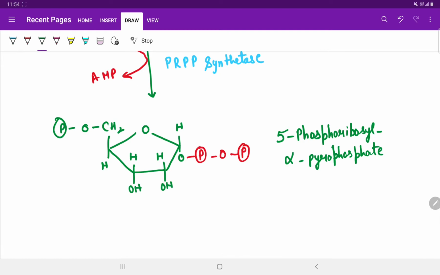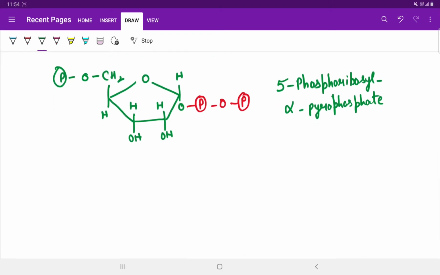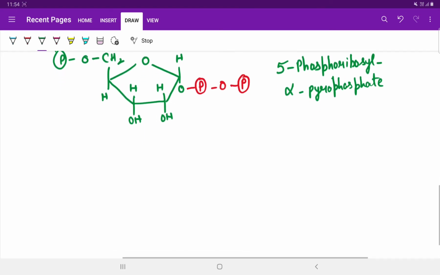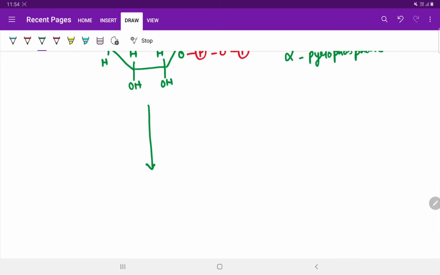So from this, the next step is the addition of a glutamine and release of a glutamate molecule that leads to the formation of ribosylamine. How are these ribosylamines formed? Actually, here one amino group is donated.